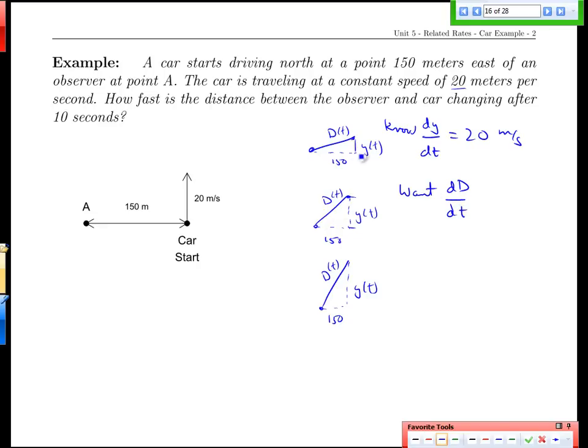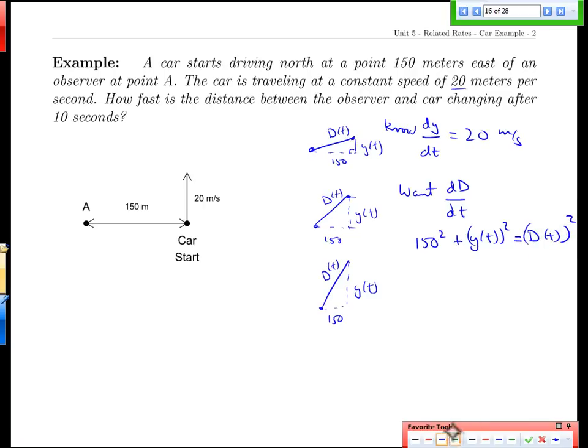So something that's always true between y and d is a Pythagorean relationship. We have a right-angled triangle here, 150, y, and d. So it's always going to be true that whatever y is, if I square it and add 150 squared, I'll get that distance to the observer from the car squared.